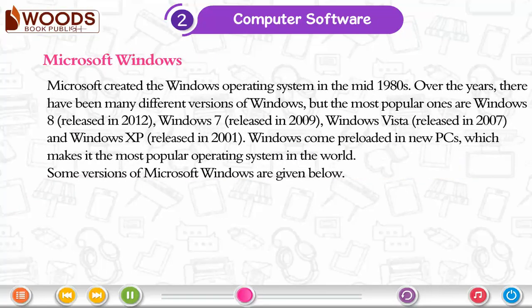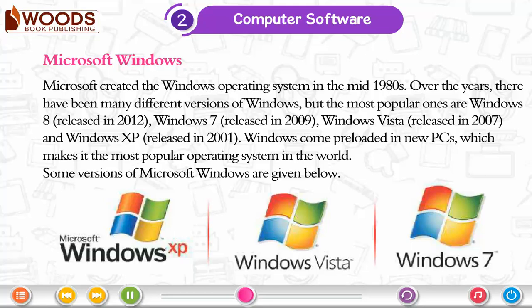Microsoft Windows. Microsoft created the Windows operating system in the mid-1980s. Over the years, there have been many different versions of Windows, but the most popular ones are Windows 8, released in 2012, Windows 7, released in 2009, Windows Vista, released in 2007, and Windows XP, released in 2001.